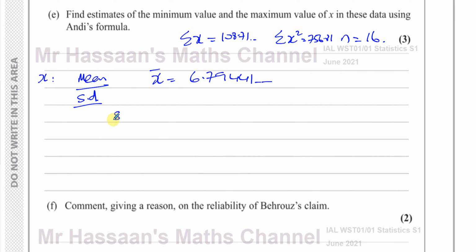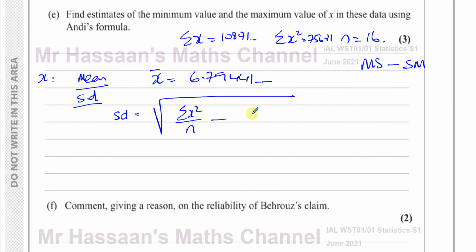Now the standard deviation is the square root of the variance, and the variance is the mean of the squares minus the square of the mean. The mean of the squares means the sum of all the squares of the x values divided by n, minus the square of the mean, which is the sum of all the x values divided by n, and that all squared.